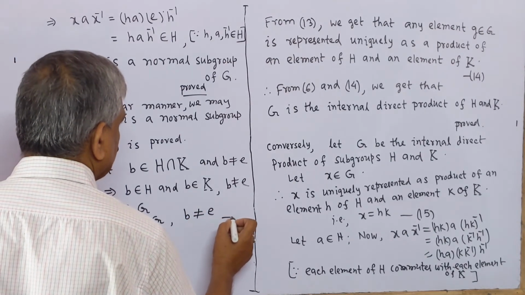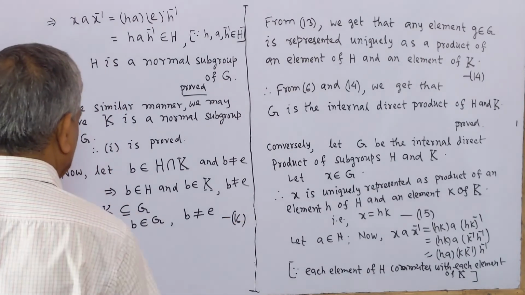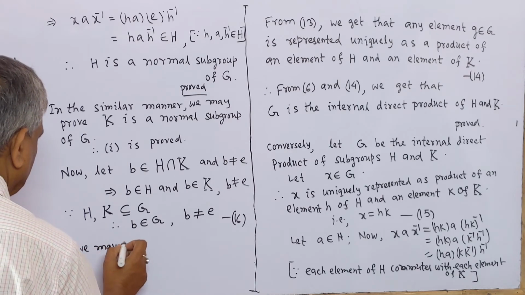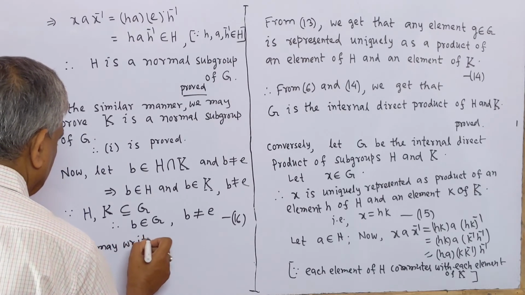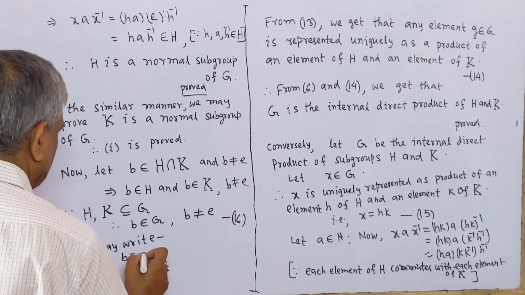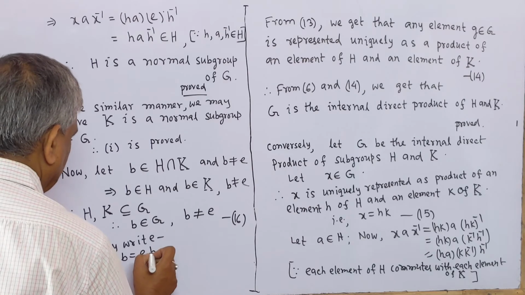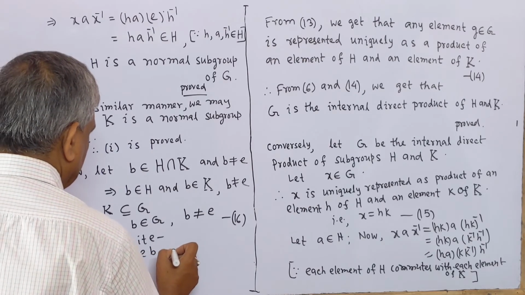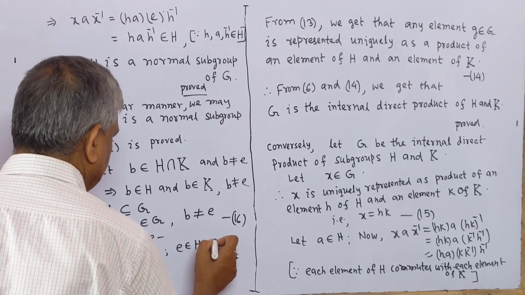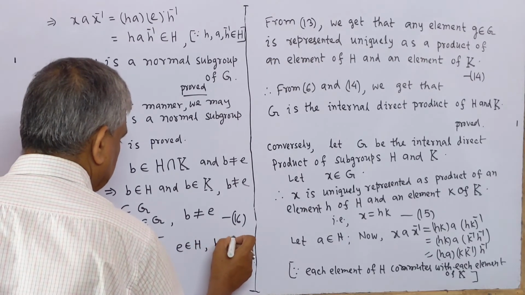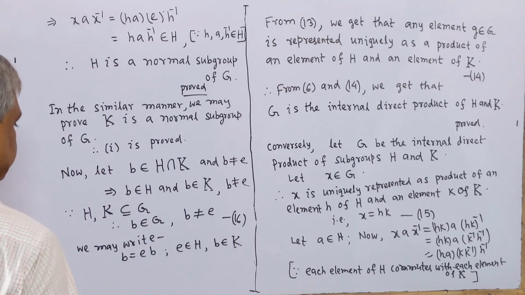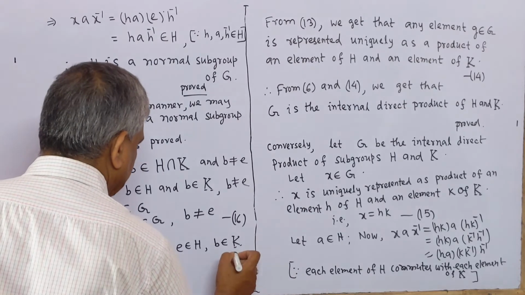This is number 16. We may write B equal to E operation B, where E belongs to subgroup H and B belongs to subgroup K. Here B belongs to subgroup K. This is number 17.